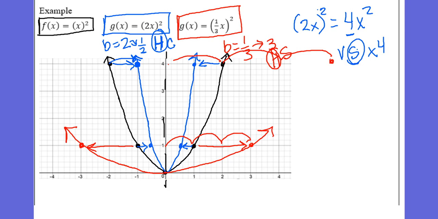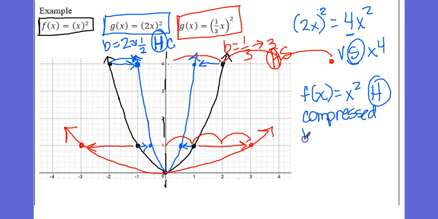Let's do your descriptions. We took f of x equals x squared for our blue graph, and what did we do with it? Horizontally compressed it by a factor of half. That's what we did.